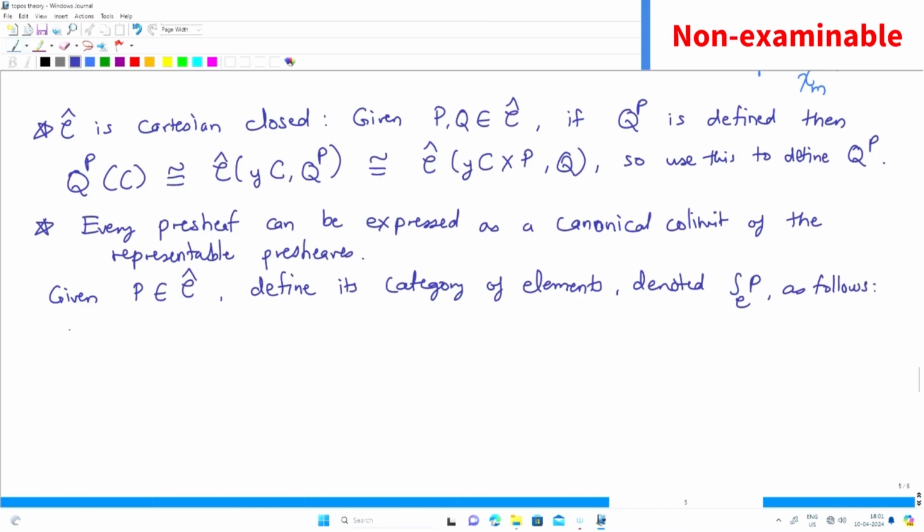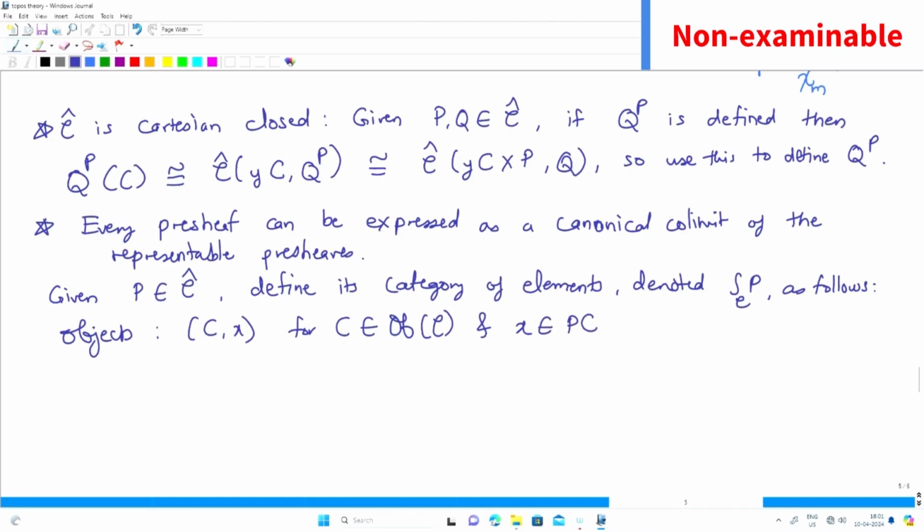So the objects are pairs P comma X. Sorry, objects are pairs C comma X, for C an object of C and X an element in PC.